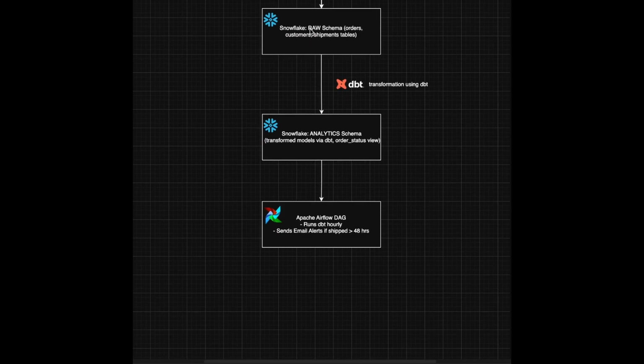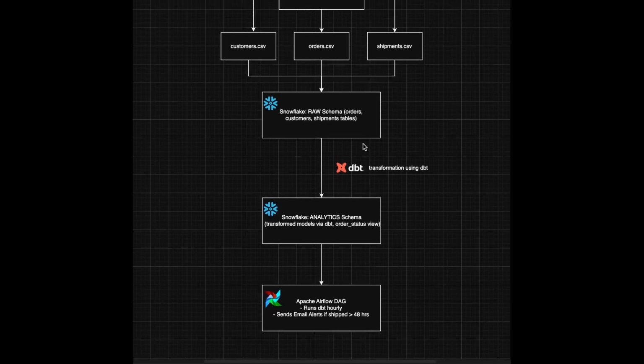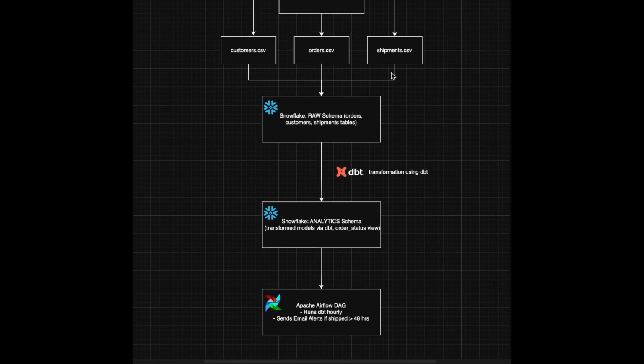We created a schema named raw over Snowflake and we uploaded all the three files over there. After the transformation, which will happen through dbt code, it will be moved into the analytics schema and a view will be created, which will be named order status.